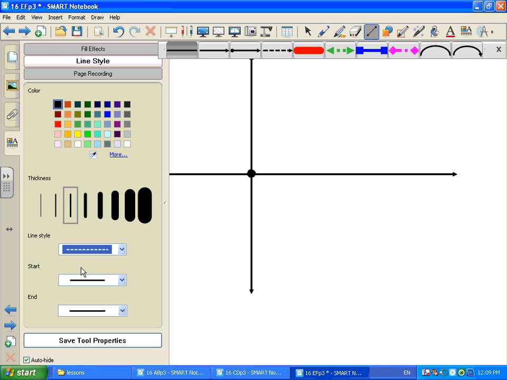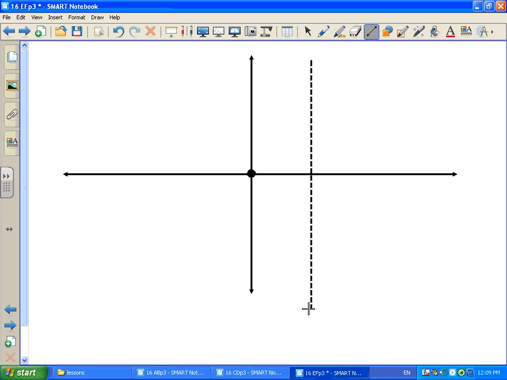We had one here and one here. These are x equals -2 and x equals 2. We had a horizontal asymptote at y equals 0.